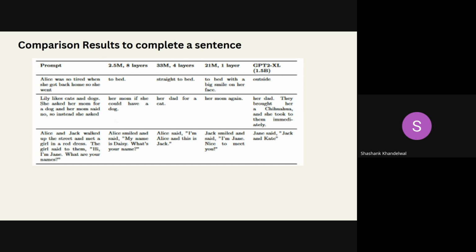But here the magic you can see is that in one layer, or in a very limited number of layers, the model tries to iterate all of these things and give whatever is needed. So there is no need of just increasing the number of layers.